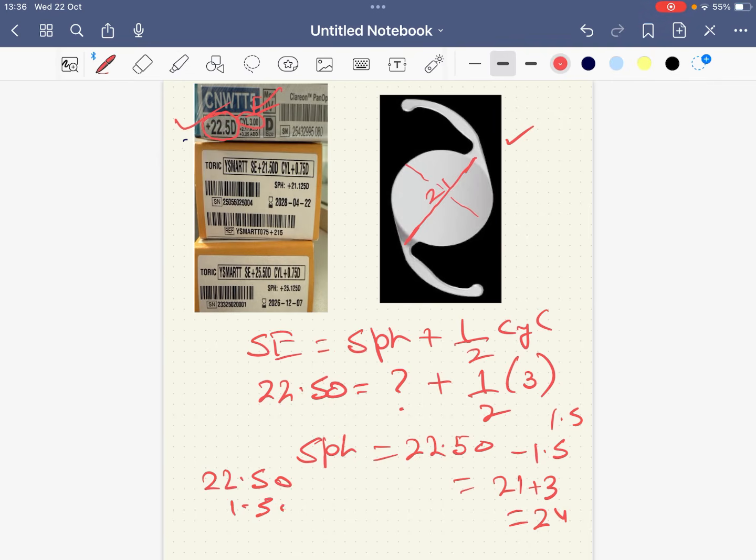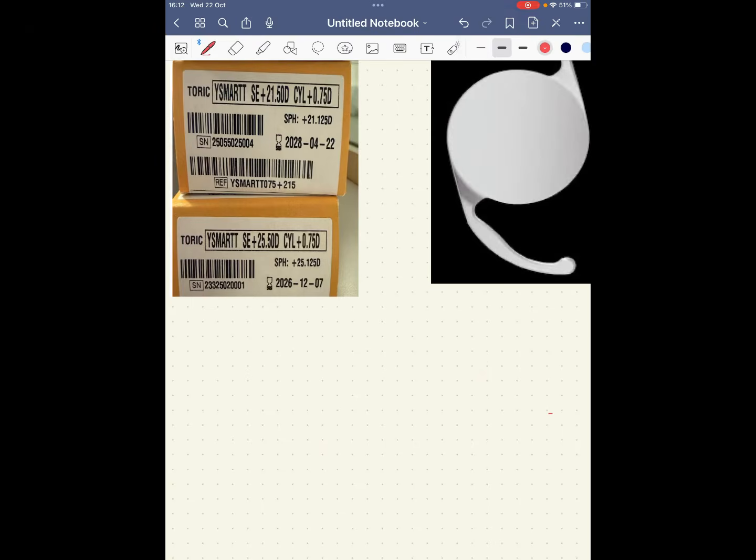Either way you do it, they will come to 24 diopters. So 24 diopters in this case will be on this steep meridian. This is how the distribution of the IOL spherical equivalency and the toric model looks like in the IOL plane. Well, let us now look into the second example.